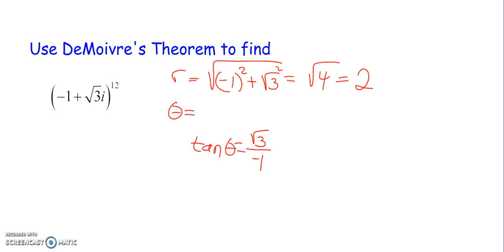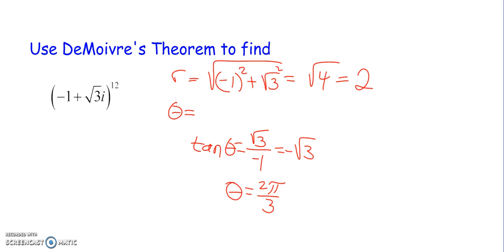So where is tangent theta equal to negative radical 3? That is going to be at 2 pi over 3. Now you have to ask yourself, are you in the correct quadrant? And we are.